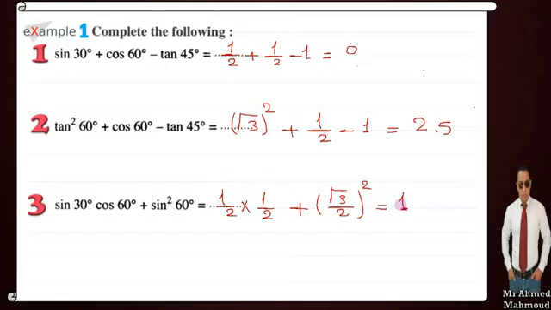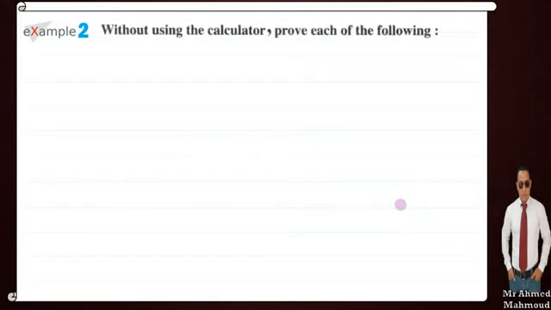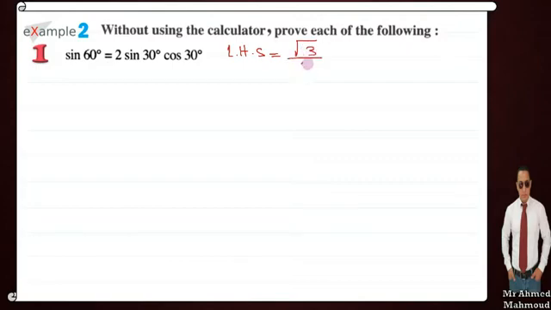Okay, the next example. Without using a calculator, prove that number 1: sine 60 equals 2 sine 30 cosine 30. I'm going to start with the left hand side. The left hand side equals sine 60, and sine 60 equals root 3 over 2.